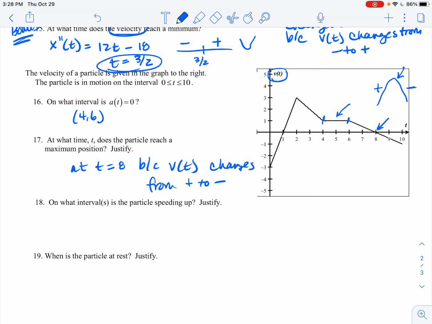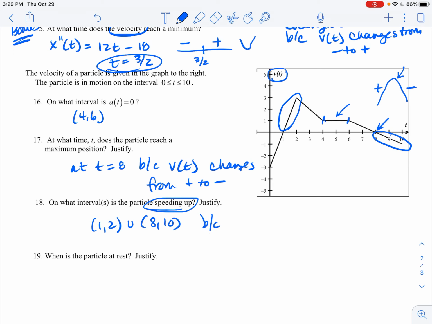And where is the particle speeding up? Speeding up is when your velocity is positive and increasing or negative and decreasing. So positive and increasing would be from 1 to 2, and negative and decreasing would be from 8 to 10.